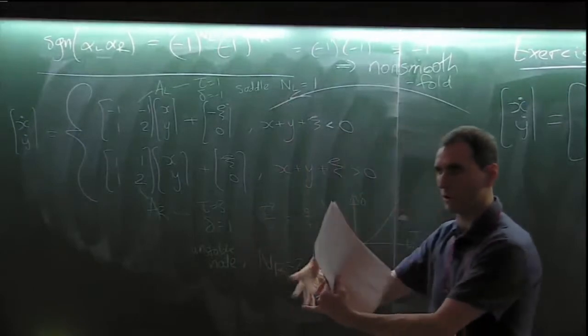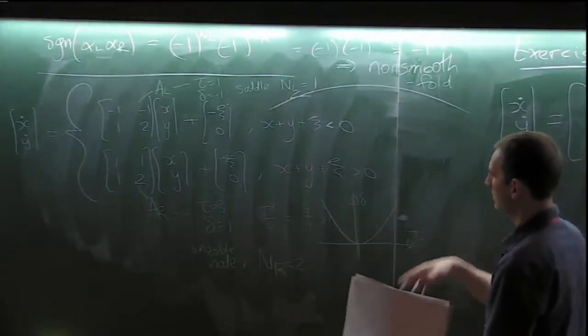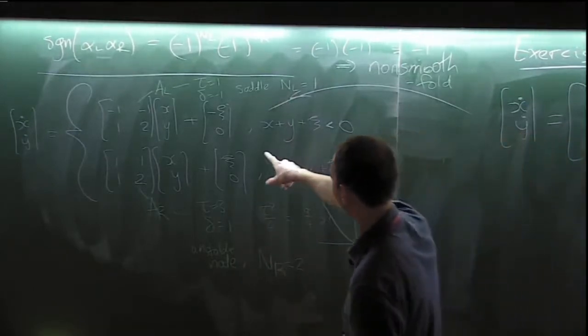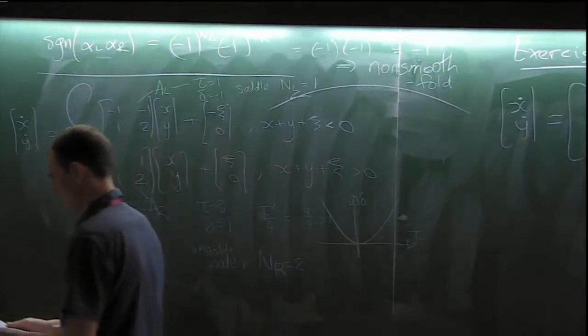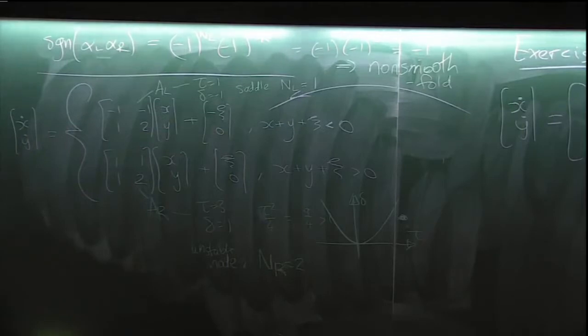So the saddle and the unstable node will collide and annihilate when xi equals 0. Any questions on that one?